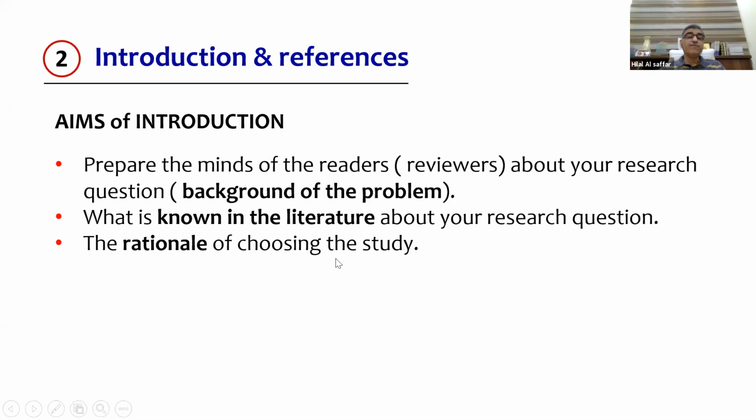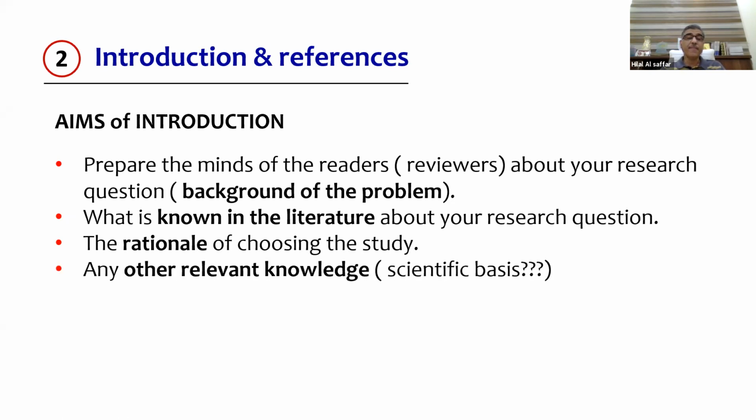The rationale of choosing this study: why you chose this topic, not that one. This is very important, and I will explain what the rationale means. Of course, also any other relevant knowledge you find significant to be written.